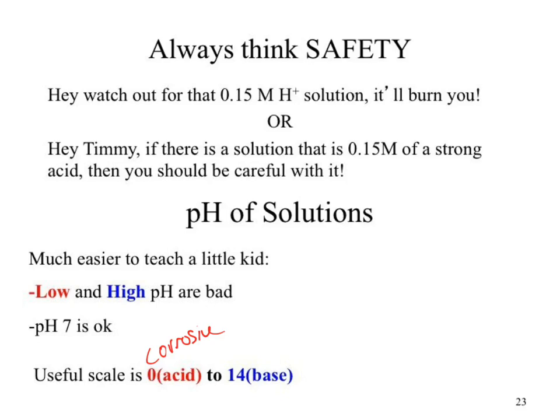What corrosive means is it just kind of burns, kind of eats through things. Guess what they call bases? Interestingly enough, the word they use for bases means the exact same thing as it does for acids. But we call it something else. We call it caustic.